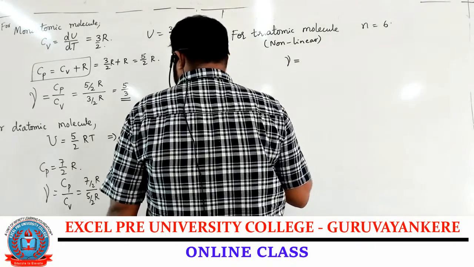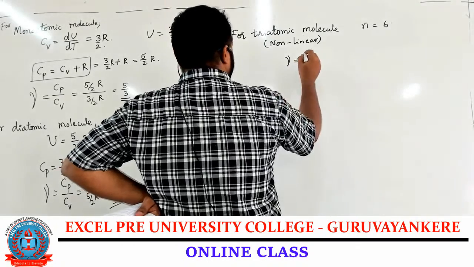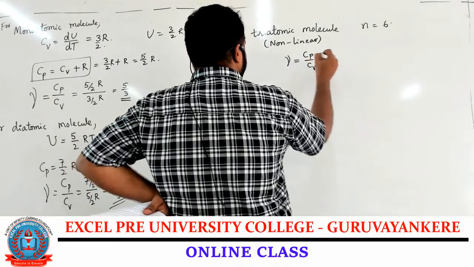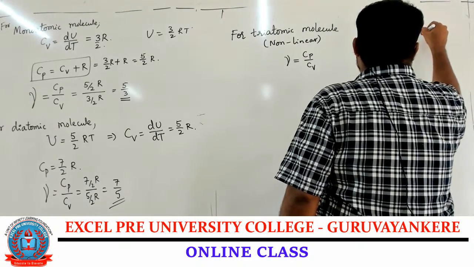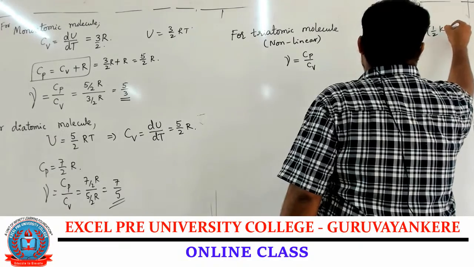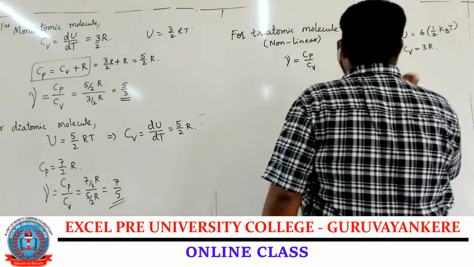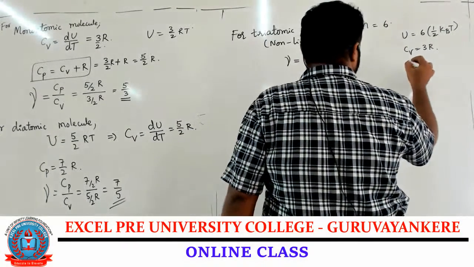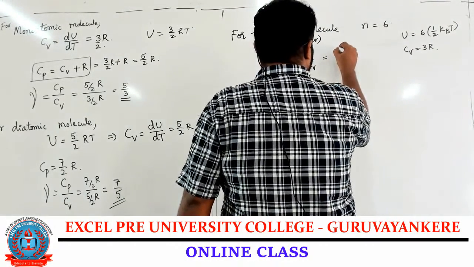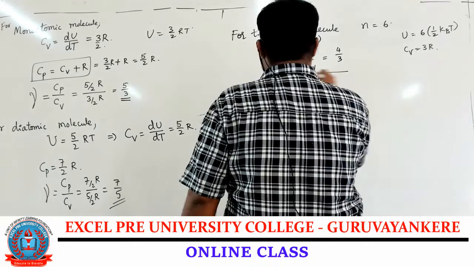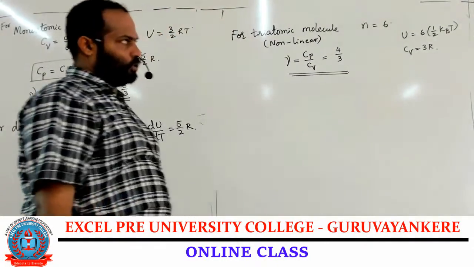Its gamma value will be how much? It is Cp by Cv. U is equal to 6 by 2 kBT, so Cv is 3R. Then Cp should be 4R. So it should be 4 by 3. The gamma value is 4 by 3 for a triatomic non-linear molecule.